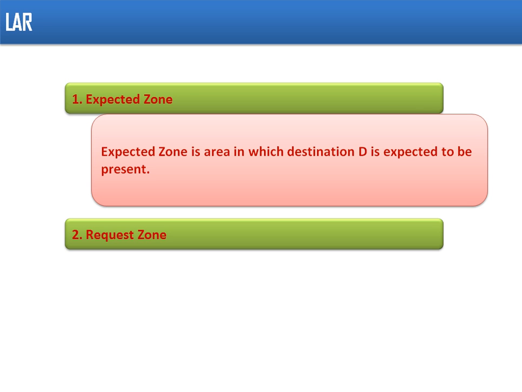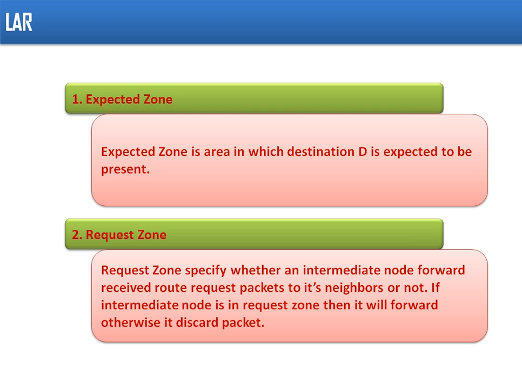The second zone is the request zone. What is the meaning of this? When a route request message is sent by the sender to the destination, there are a number of intermediate nodes. Those intermediate nodes receive the requests and broadcast them again. The request zone specifies an area in which, if an intermediate node receives a route request, it will forward that packet.